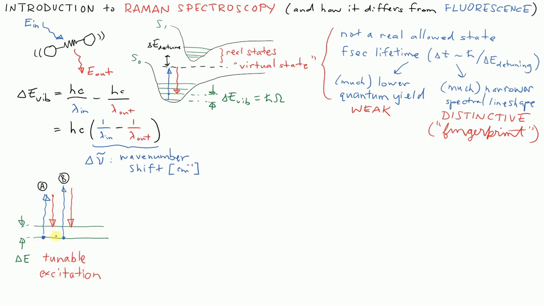So let's compare what fluorescence spectroscopy and Raman spectroscopy are ultimately reported as. In this experiment that we're seeing over here, if I think about it like a fluorescence experiment and I plot the observable lambda out, the wavelength of the outgoing photon, in these two experiments, A and B, if the experiment in A gives me a Raman peak that looks something like this here, and I'd call that the A peak, then in the B experiment, I have a more energetic incident photon, I'll have a more energetic output photon, so the peak in the B experiment might be over here at a shorter wavelength.